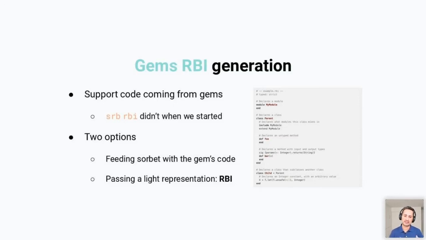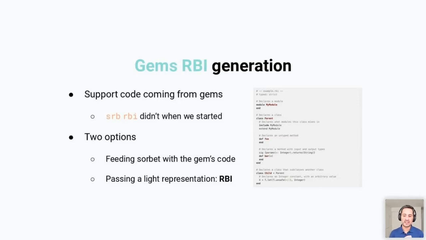And because it doesn't do that, it has no idea what types are being exported from those gems. But when you use those types in your code, Sorbet needs to understand where those types are coming from, what methods they have, what constants they might have, what parameters those methods have. So we need to tell Sorbet about those things. The way to do that is to create these Ruby interface files called RBI files.